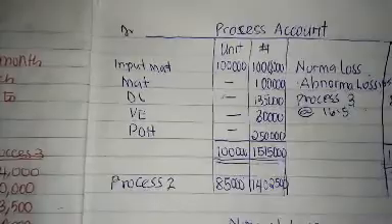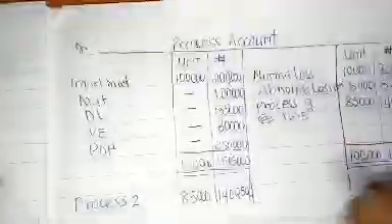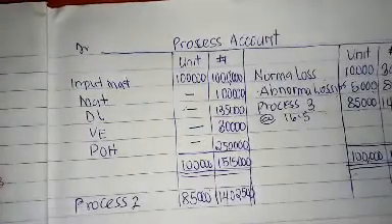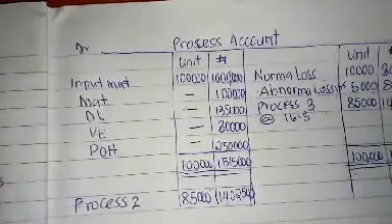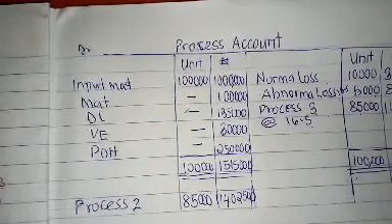Now we need to prepare the normal loss account, which is the scrap account, by debiting the normal loss. We have credited there, so you come here, you have the scrap, which is 30,000, to be debited.